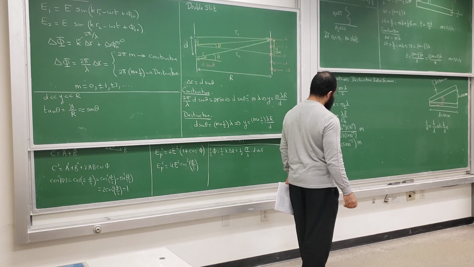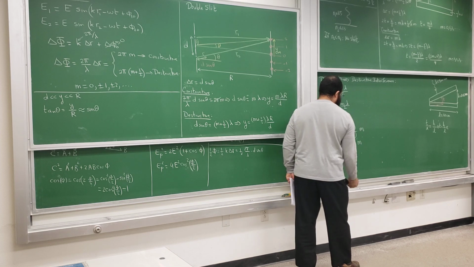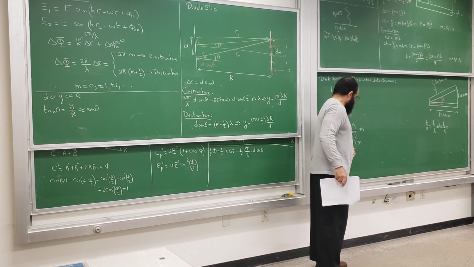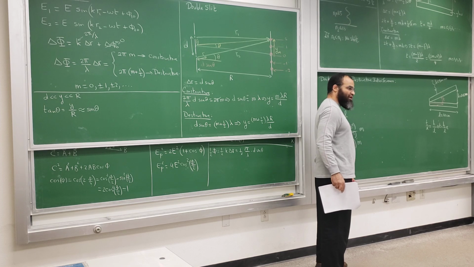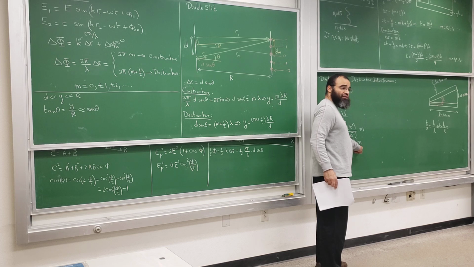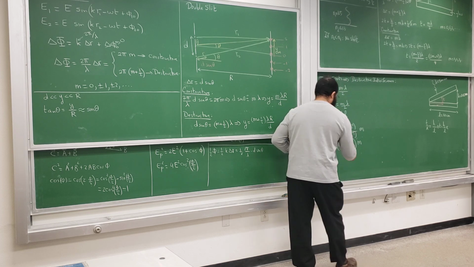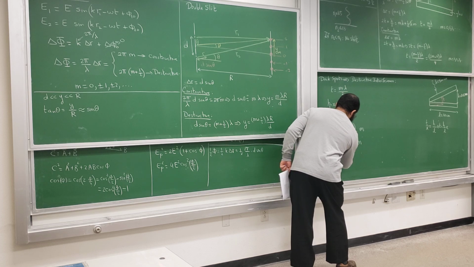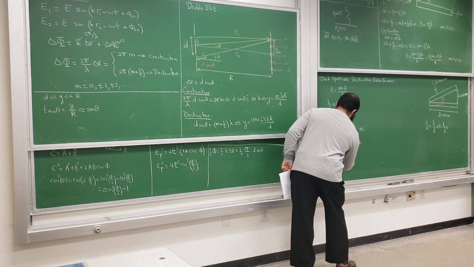Okay. Let me convert this. By the way, what units would this number have? It should have meters, because m is a dimensionless number. It's just an integer, in this case 0, 1, 2, 3. So let me change this to millimeters. It's going to be 1.25 millimeters times m. That's x.